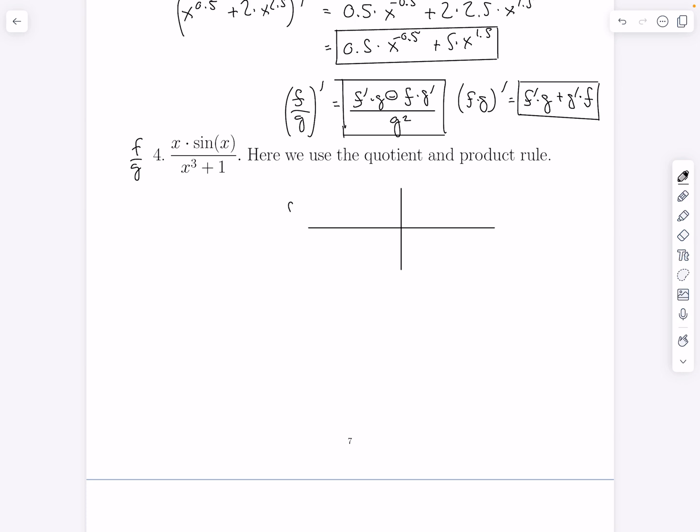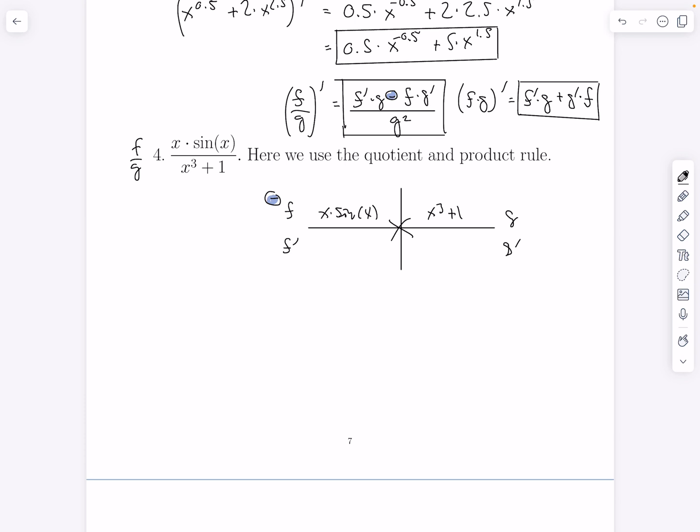So, here's f prime, then we have g and g prime. And here we have a minus. And then we copy x times sine x and x cubed plus 1.